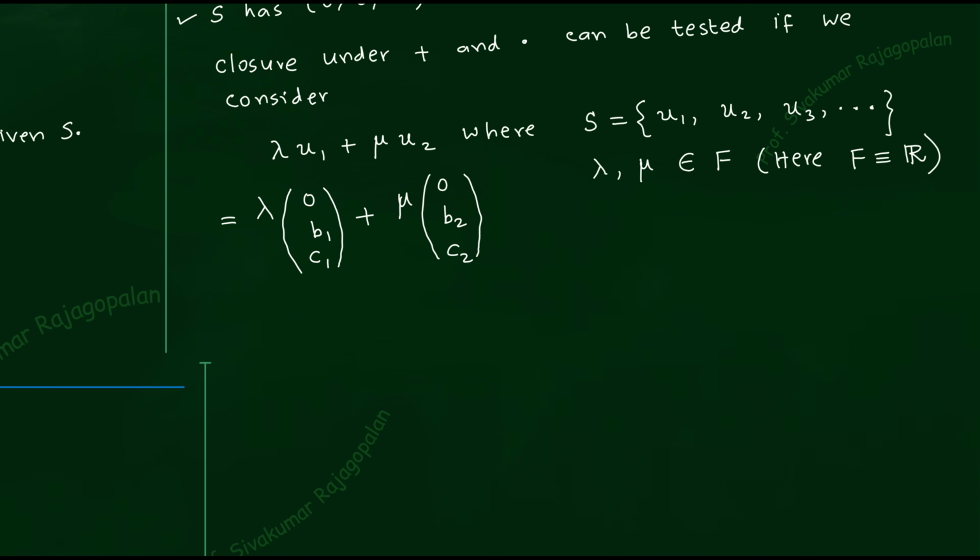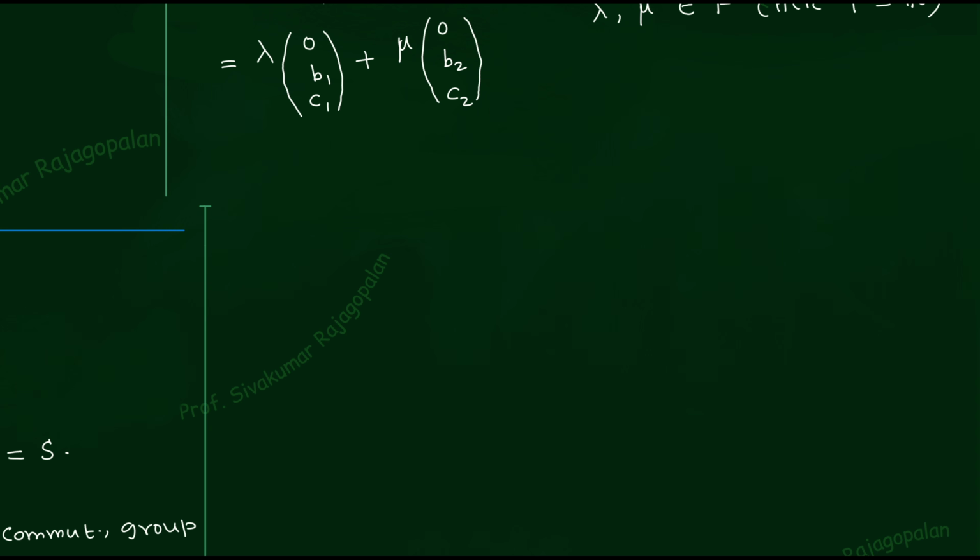Once that is clear, you know how to add, because these are the usual vectors in 3 dimensions. So that gives you lambda times u1 plus mu times u2. That means the first element will be 0. The second element will be lambda times b1 plus mu times b2, and similarly the last element.